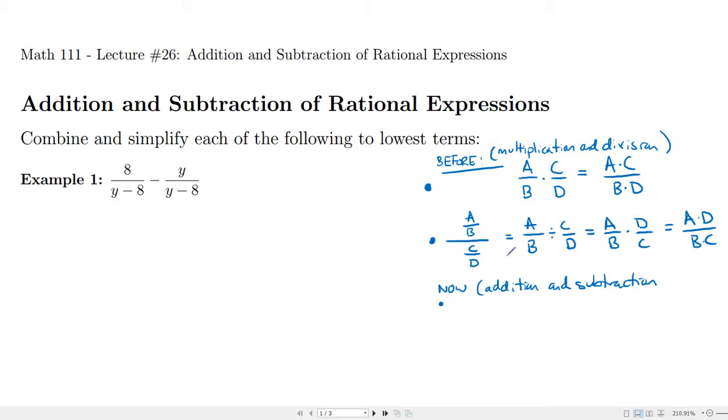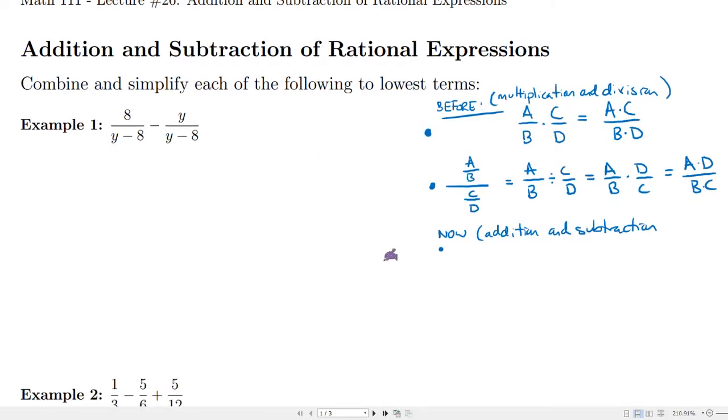If we have some general fractions, let's say a over b, and we want to do plus or minus c over d. Before we even do this, first we must find a common denominator.